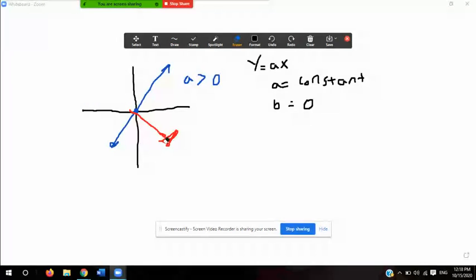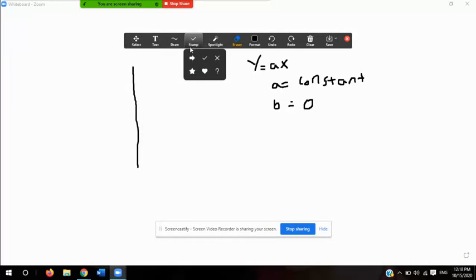Example number 1 of your textbook, let me erase this. It gives us an ordered pair. Sorry about that. Let's see if I can draw that line straighter.